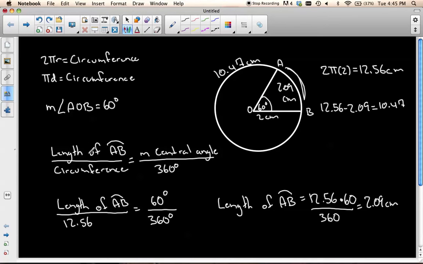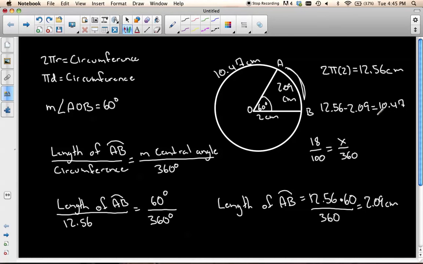So the key thing that we need to remember here, whenever you're trying to figure out what the central angle is, you need the length of the arc, whatever that happens to be. So if this happened to be asking 80 degrees, you need the length of the arc over the circumference is equal to the measure of the central angle over 360. That's pretty much the same thing as if we said we had 18% over 100% is equal to x over 360.